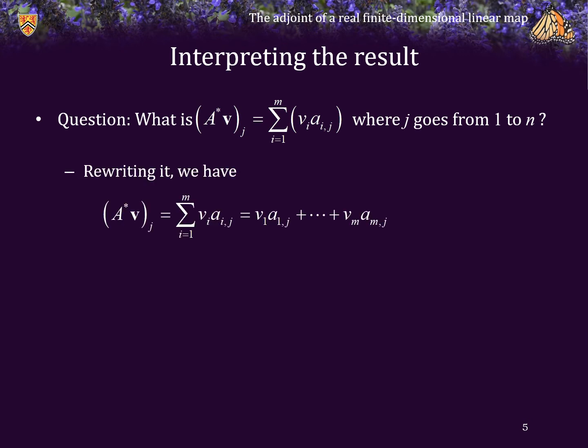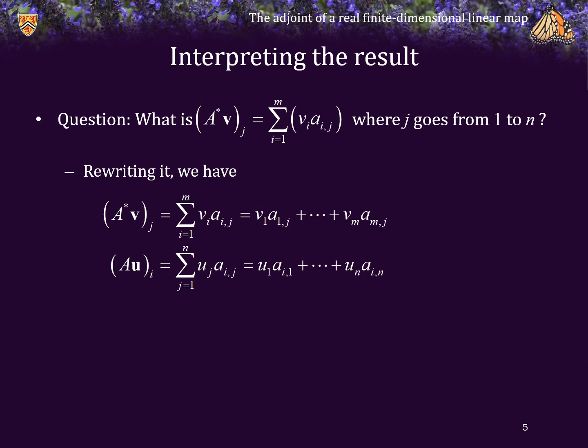Well, expanding it, we see that it is this sum here. The first entry of v times the entry A_1j, and so on and so forth up until the last entry of v times A_mj. So we're essentially taking a linear combination of all of the entries in a single column of the matrix.